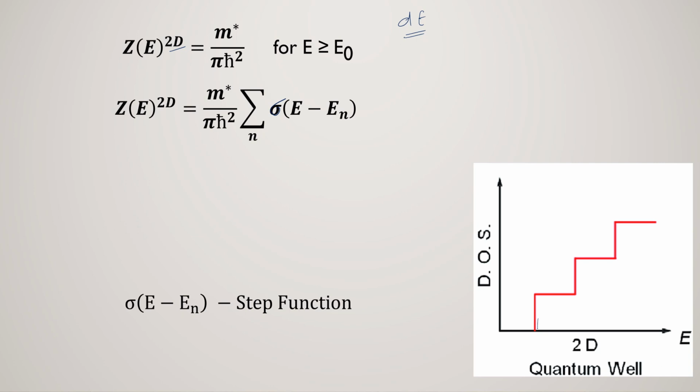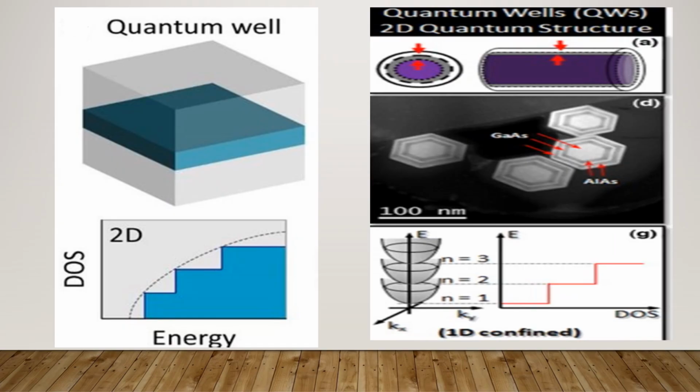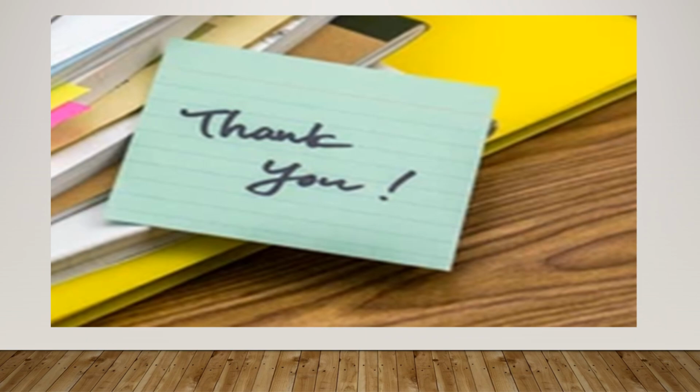It is a step function as shown in the diagram. So these are the quantum well structures, and the graph is shown here. Thank you.